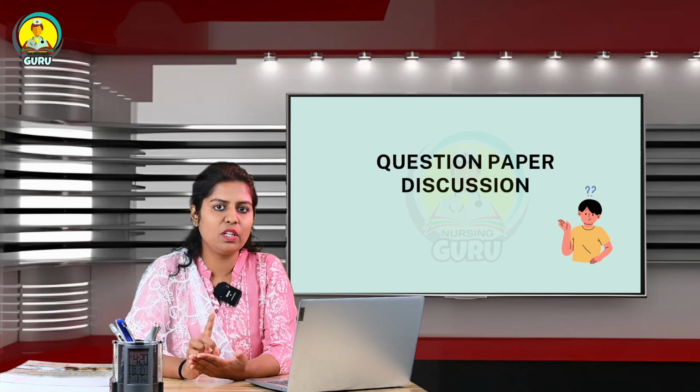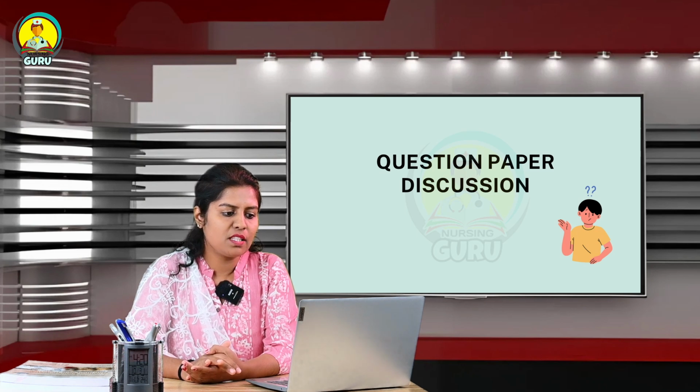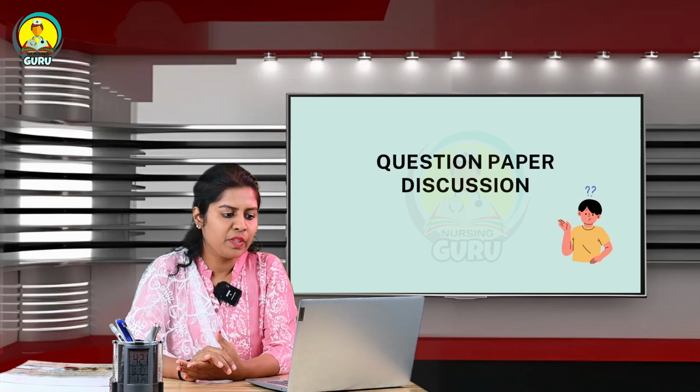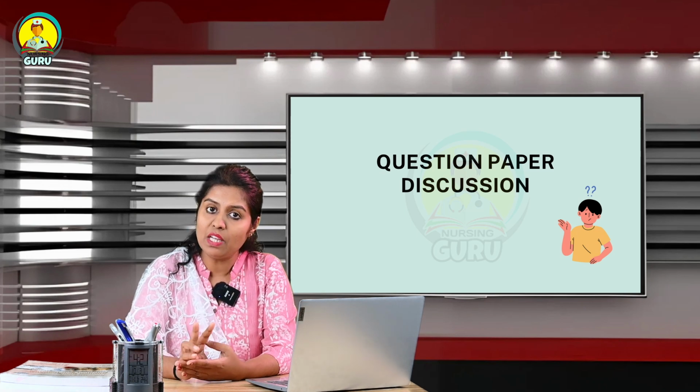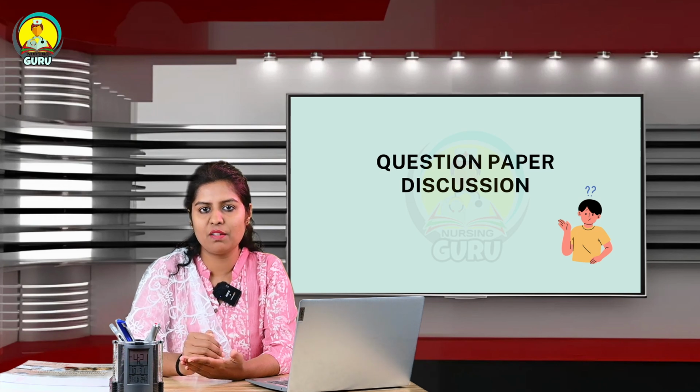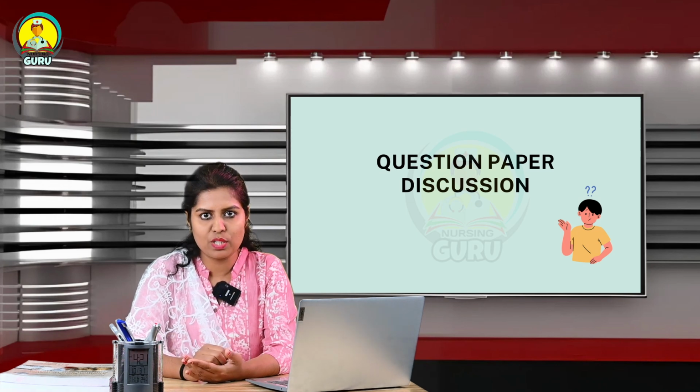Only one question will be there and you need to answer that. Next you have short notes: 3 questions for 5 marks, so total 15 marks. You need to answer all 3 questions. Then we have give reason: 3 questions for 2 marks each, so total 6 marks. You need to give the reason for the given question.